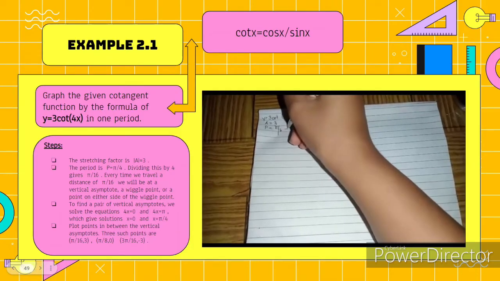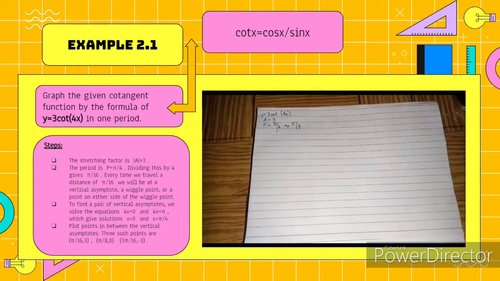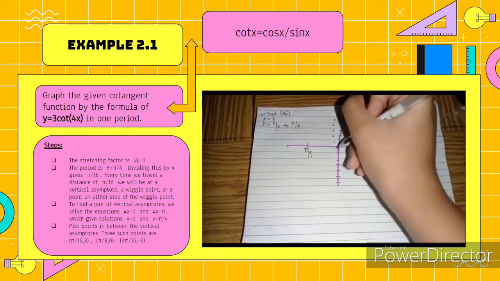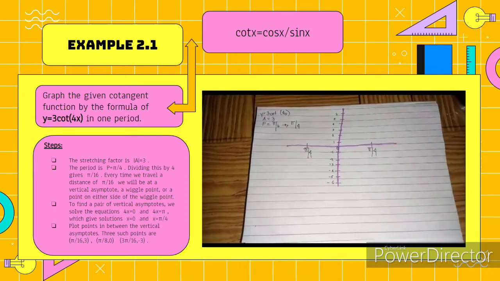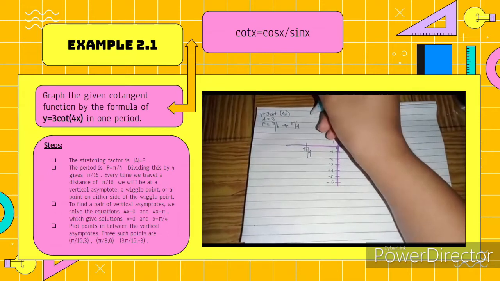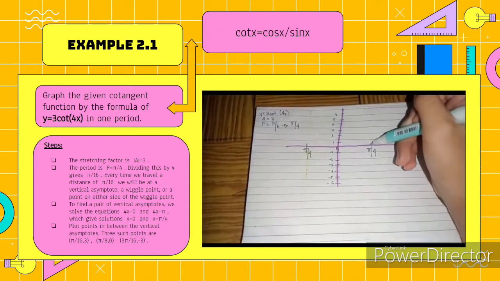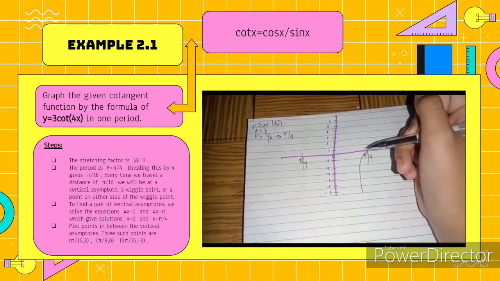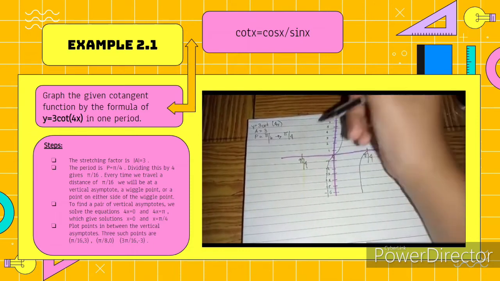Now we have here our second example, which is a is equal to 3 and period is equal to pi over 4. Now let's sketch our graph. So we'll be placing our asymptotes on pi over 4. Now I will be sketching first our tangent graph to serve as our guide in sketching the cotangent graph.